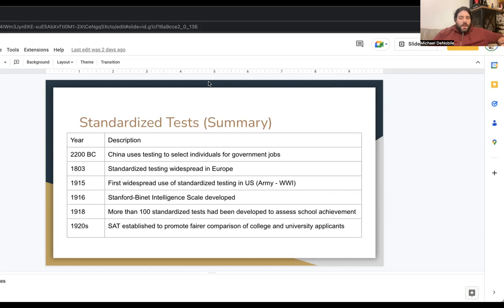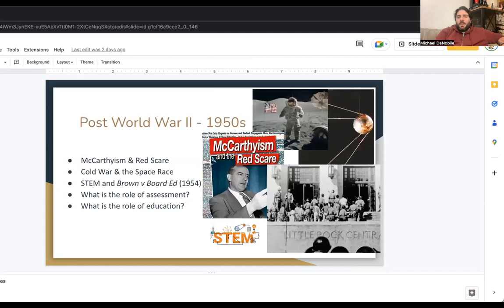The Stanford-Binet IQ scale is developed, and then by 1918, we have more than 1,000 standardized tests that have been developed to assess school achievement. And by the 1920s, you have the SAT established to promote fairer comparison, or what has been argued to be fairer comparison, of college and university applicants.